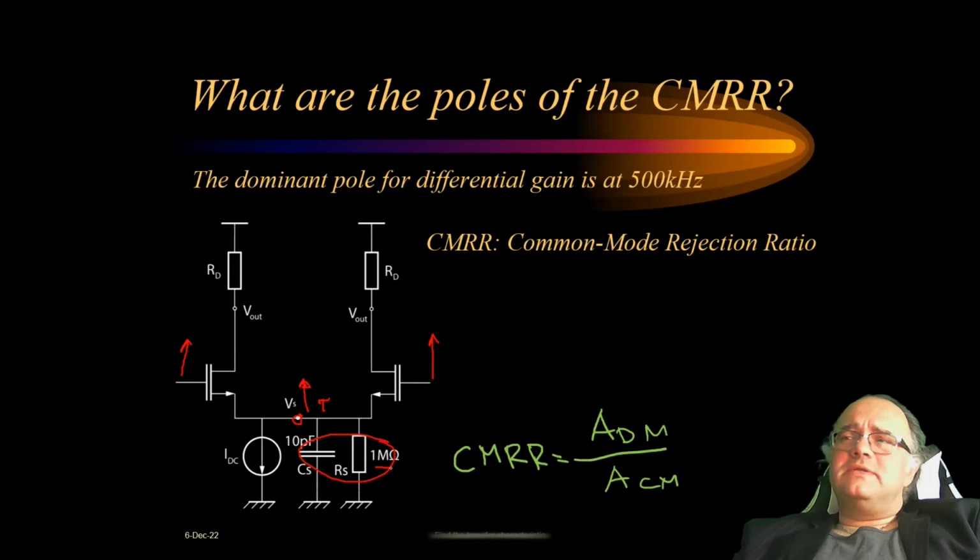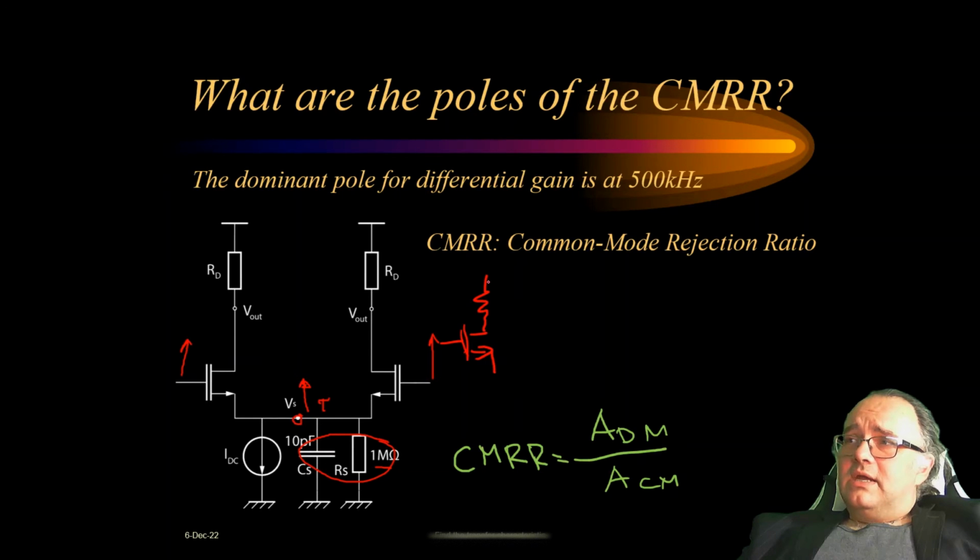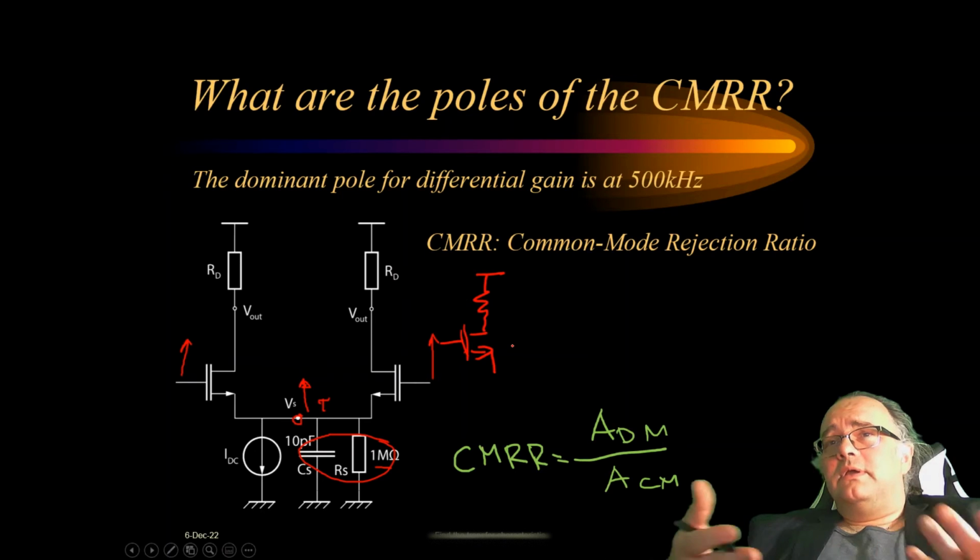This is something very big, and it will be almost like floating this node. If this node floats, the gain of the circuit for common mode signals will be zero, so the common mode rejection ratio will be very large.